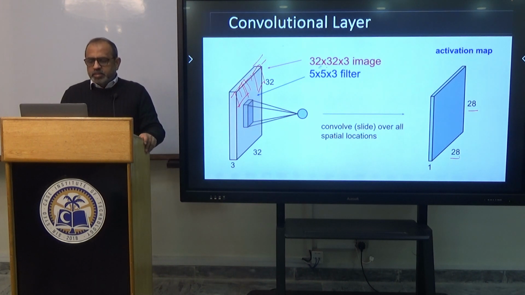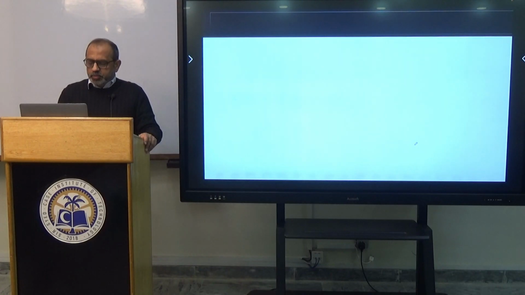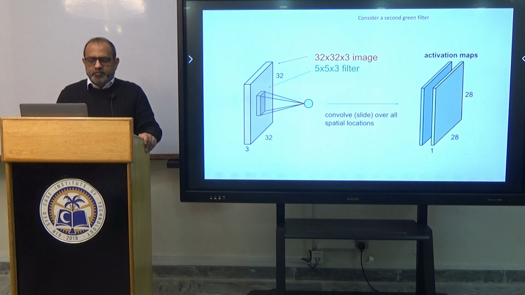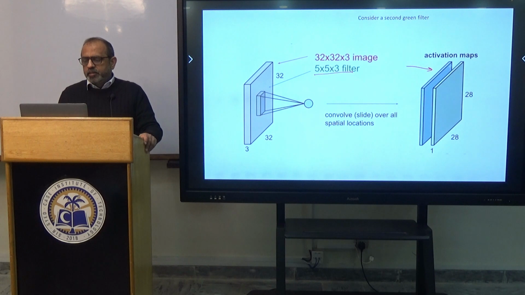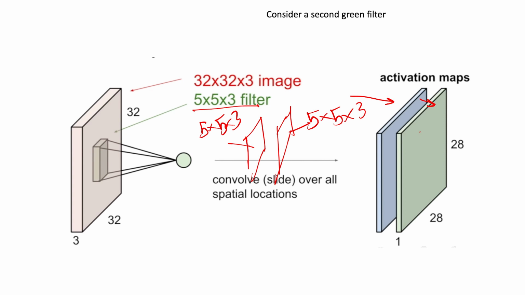But what is important is this 32 by 32 by 3 image with a 5 by 5 by 3 filter is going to generate one image, which is 28 by 28. Now you have another filter which is also 5 by 5 by 3. So you are going to get two images. Now you have two filters. One filter, then you apply another filter. This filter is also 5 by 5 by 3. So you get two images.